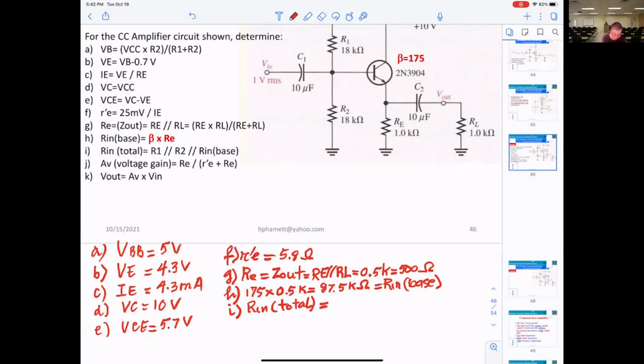You say 8.16 kilo ohm. I need someone else to verify that answer. Yeah, that's correct. Okay, thank you. Okay, then now you go to J.